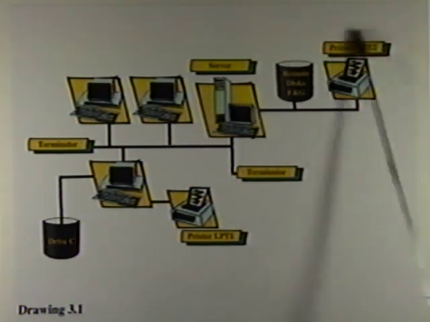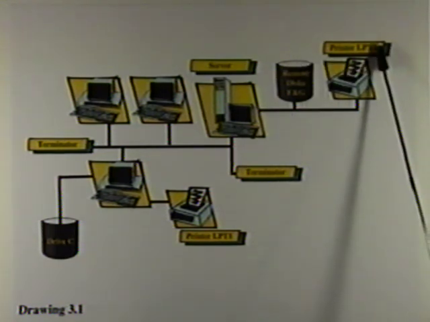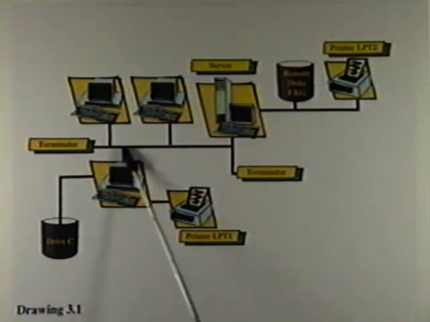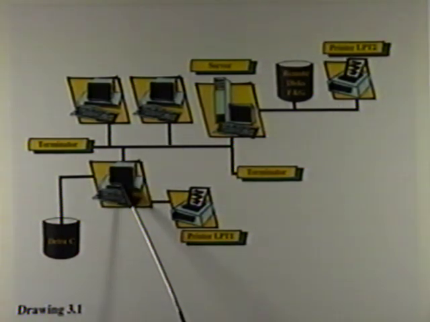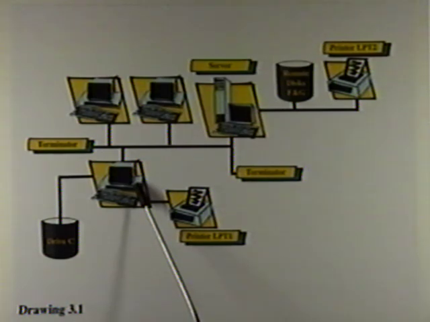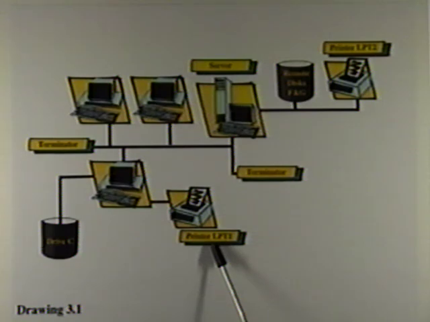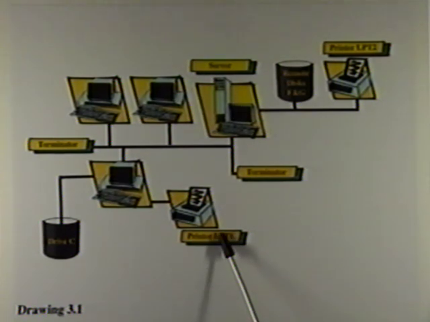So printer LPT2, which stands for parallel port 2, is actually a remote printer as far as this workstation is concerned, but he prints to LPT2 just like he prints to parallel port number 1. That's why we call it transparent use.